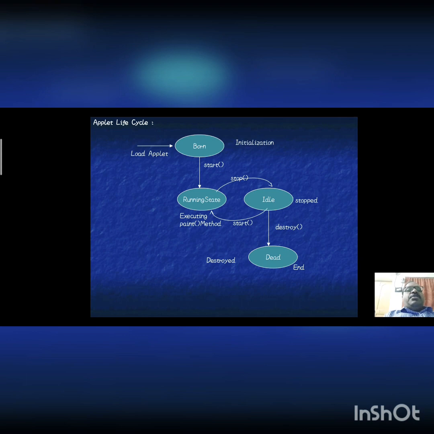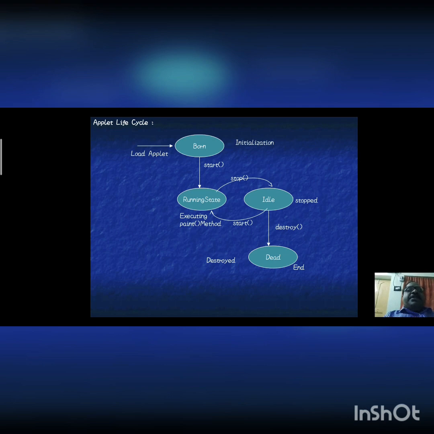Suppose you open a web browser and maximize it, so the application execution starts. If you minimize it, the execution stops. So that is start and stop. When we minimize the browser, the stop method is executed. When you maximize the browser, it executes the start method.